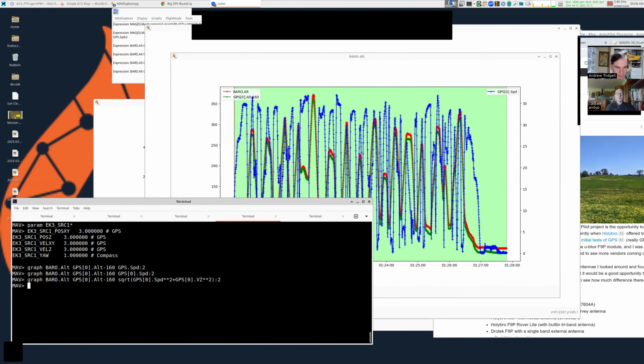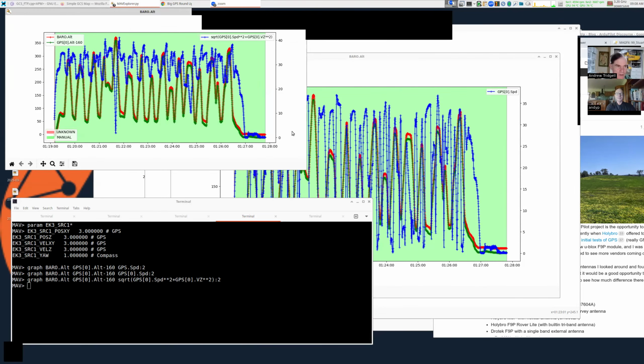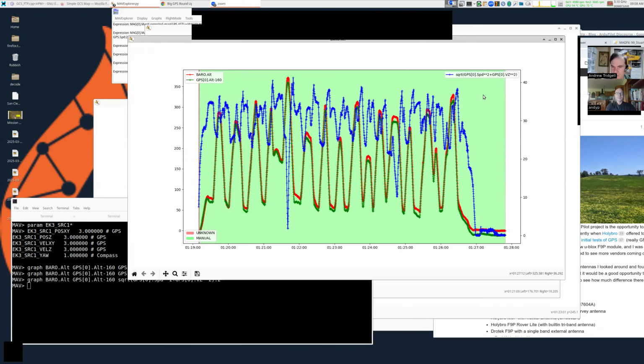So that's the vector length of the speed. It's a rough estimate of the airspeed, speed through the air, not accounting for wind.